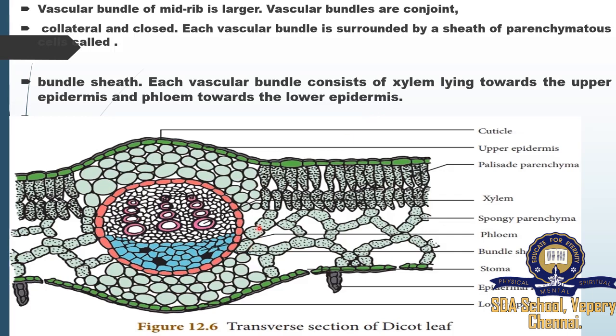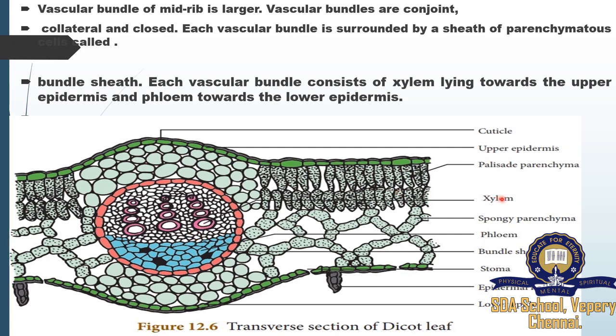Here we have the structure of a dicot leaf. See, the first one we have is the cuticle. This is the upper epidermis and then the lower epidermis. Inside we have the palisade, these small strips are the palisade parenchyma. And then here inside the circle we have a pink color ring.